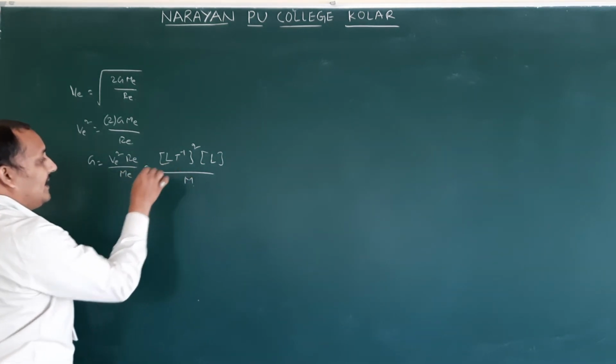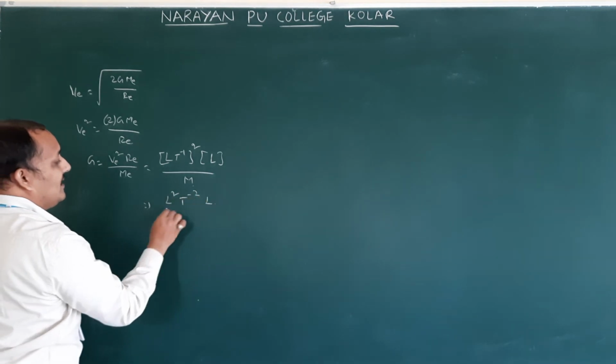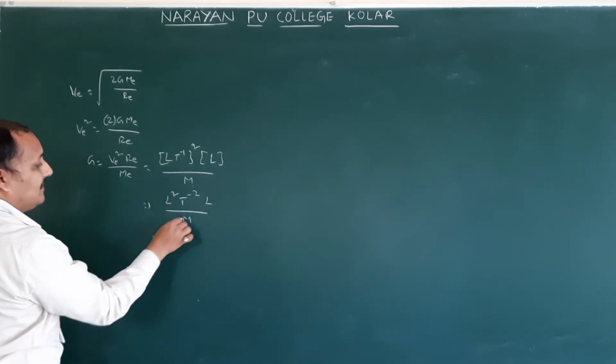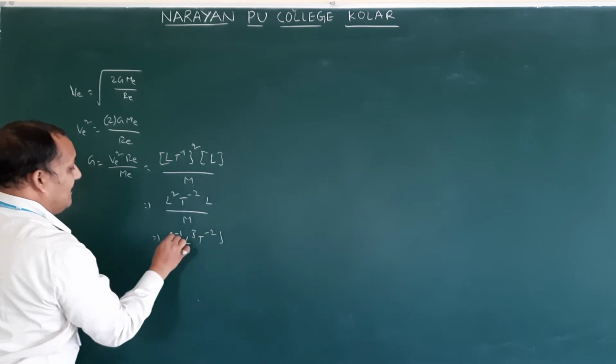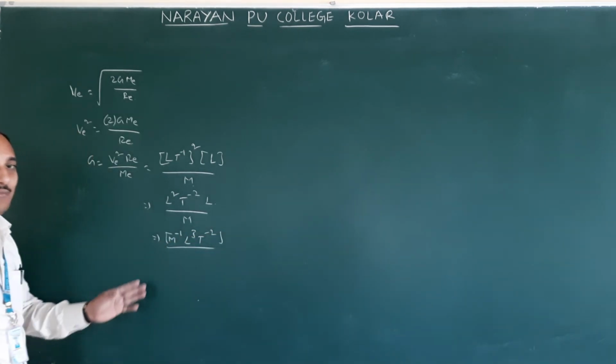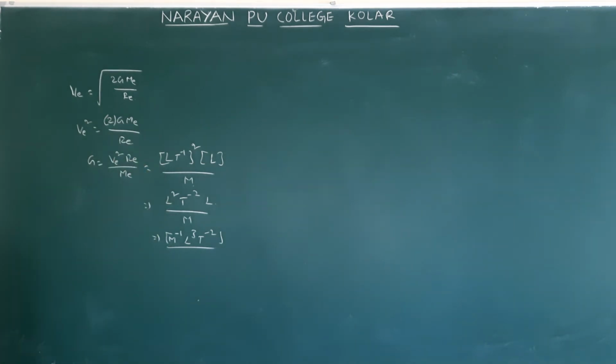Mass means capital M. So L square T power minus 2 L by M. This implies M power minus 1 L cube T power minus 2. Already this one you came to know directly. Just how to do of the given equation we discussed. That is option 3.